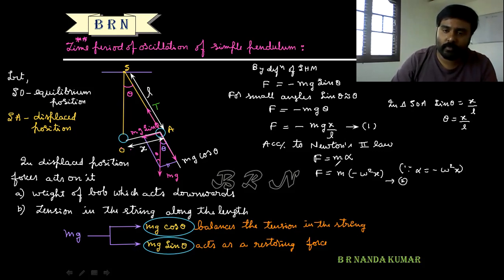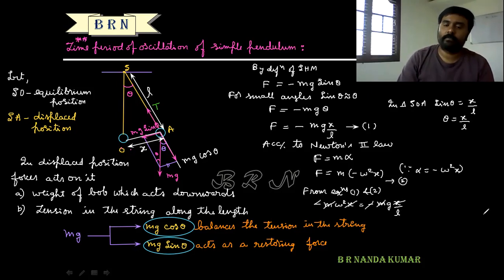Now compare these two equations, 1 and 2. From equations 1 and 2, we can conclude that minus m omega square x is equal to minus mg x divided by L. The m and x, and the minus, cancel here.